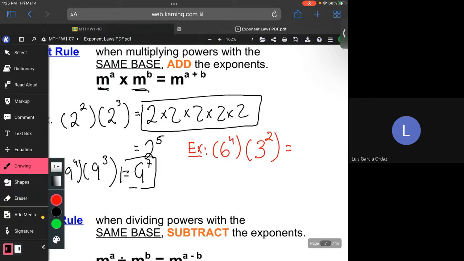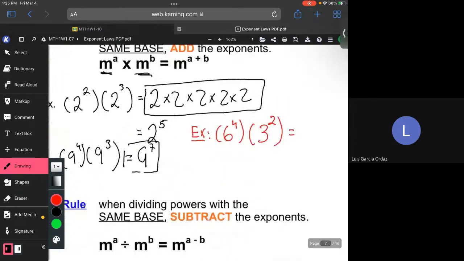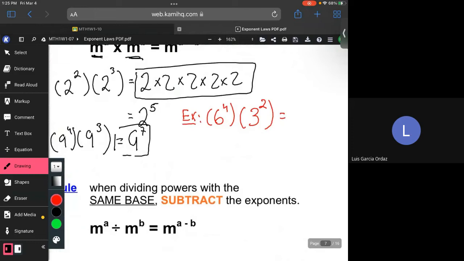So you would have to do 6 to the power of 4 first, see what that gets you. Do 3 to the power of 2 and see what that gets you, and then multiply those together. So can someone tell me what 6 to the power of 4 gives me? 1,296. Okay. And what's 3 to the power of 2?